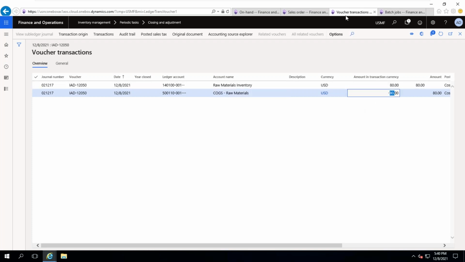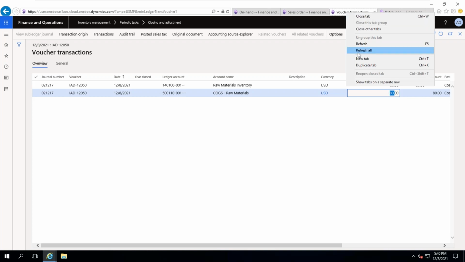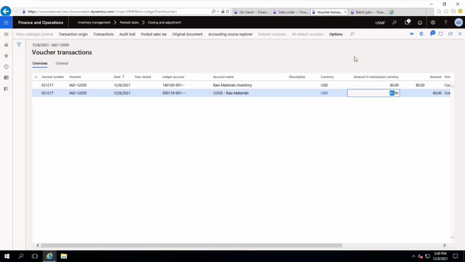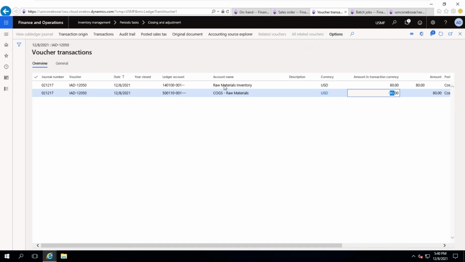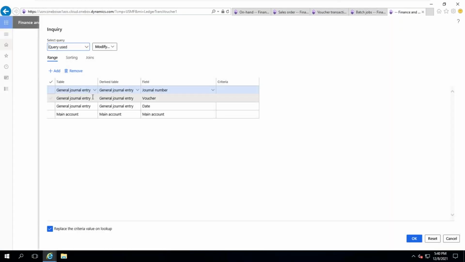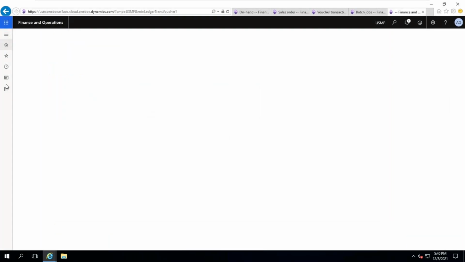So where is it coming from, what are the ledger accounts, or where is it hitting these two accounts? If you go to inventory management, setup, inventory and postings, posting, let me show you the postings.